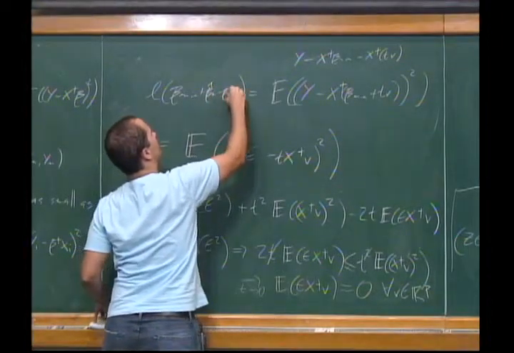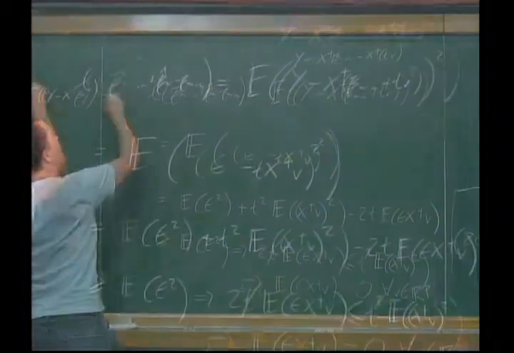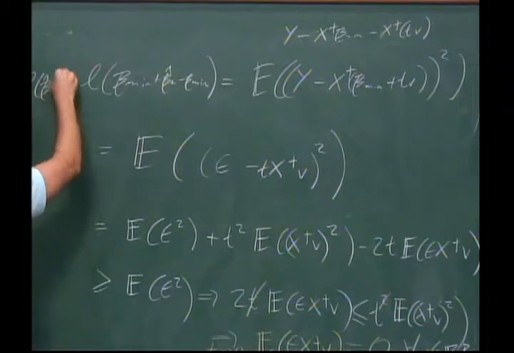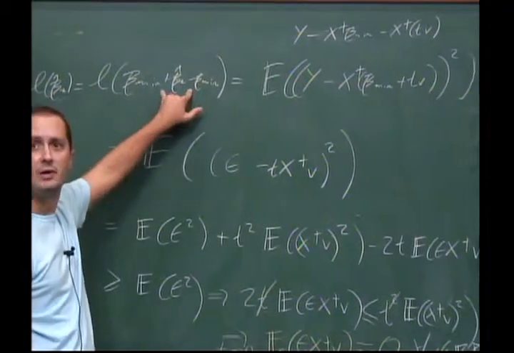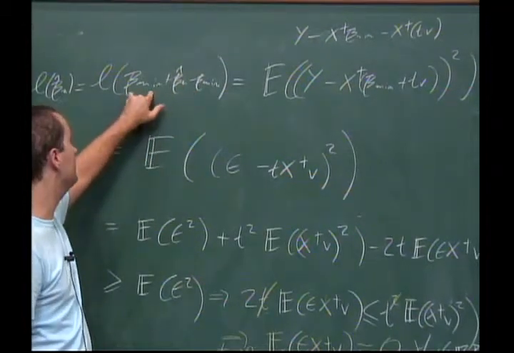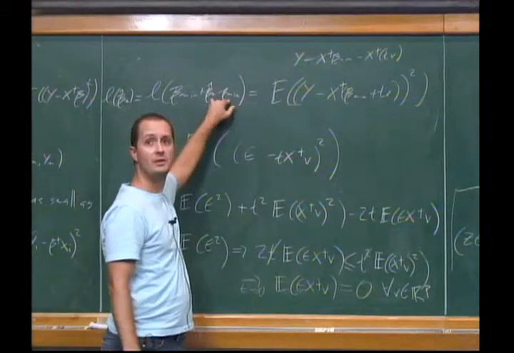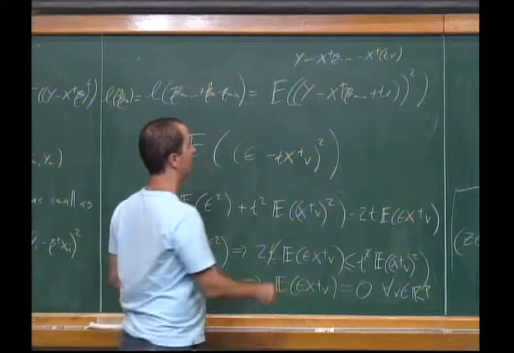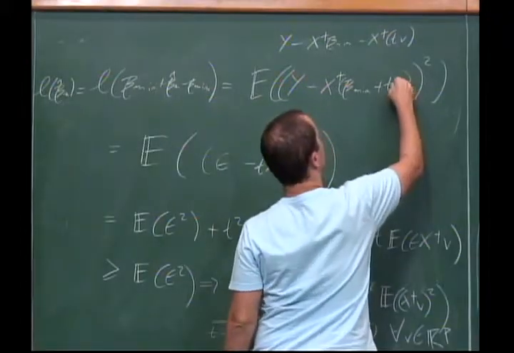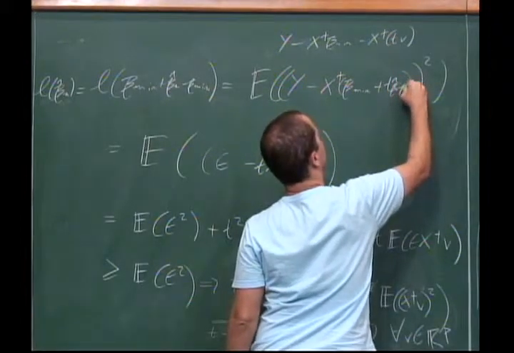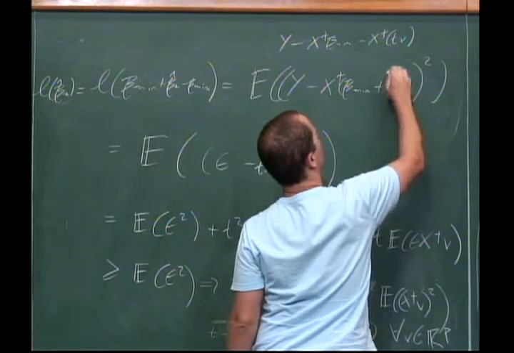Let me just write it like this. I want to know what the loss of beta hat n is. So I, of course, write this down as this, right? It's the loss of the minimal one plus this difference. And then I get here this difference without the t.